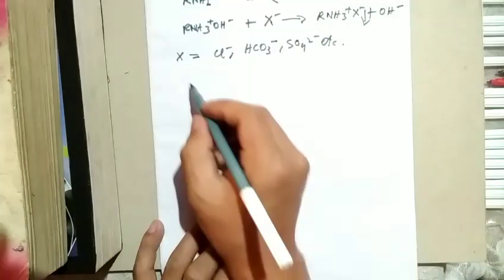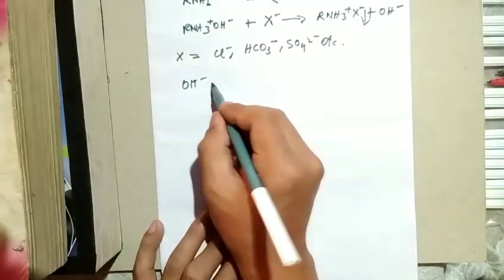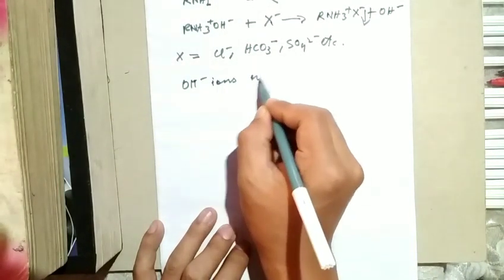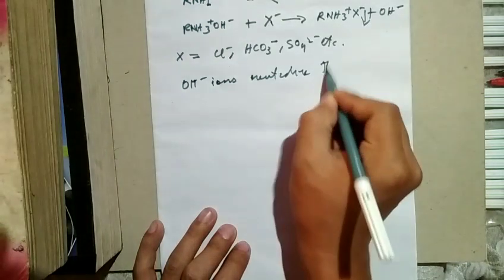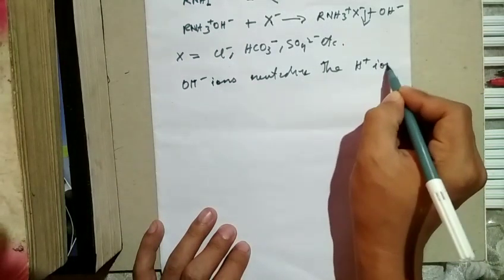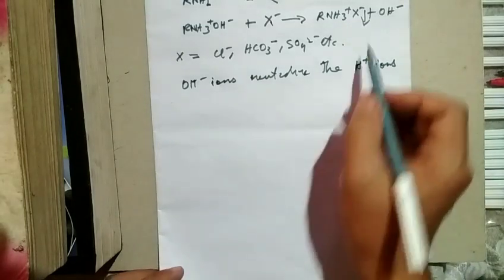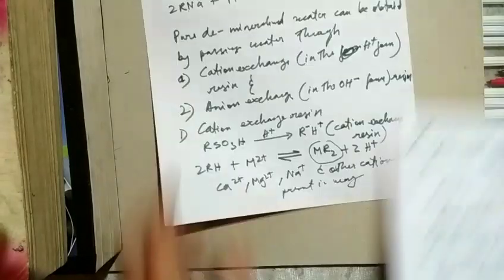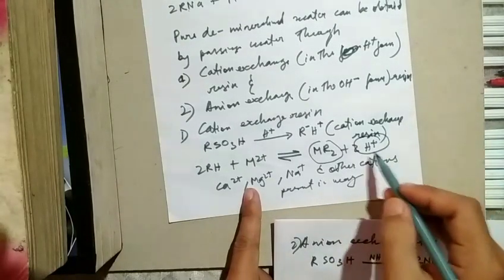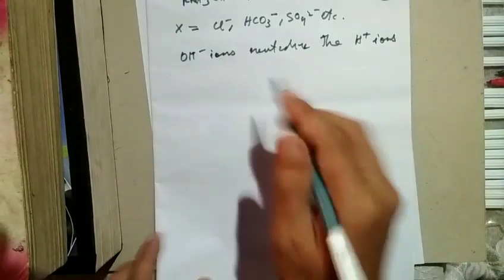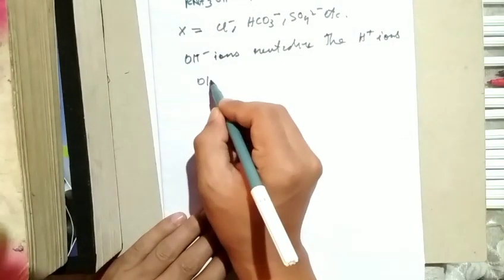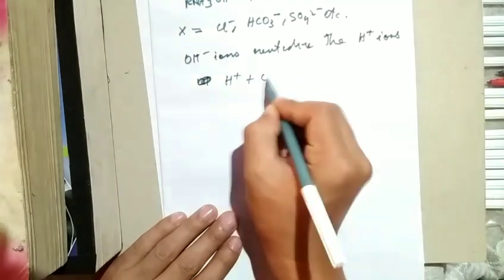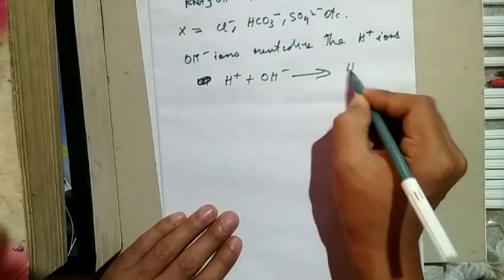So in these reactions, OH minus ions neutralize the H plus ions. If you see, what we are getting is OH here and H here, H plus and OH minus. So OH minus neutralizes the H plus ion, so H plus plus OH minus, finally you will get water.